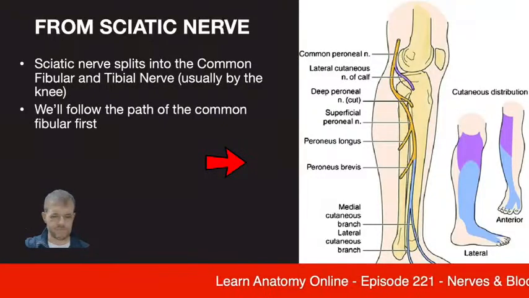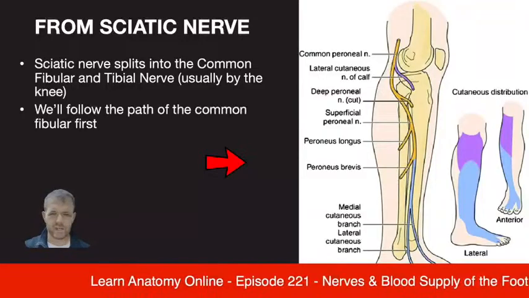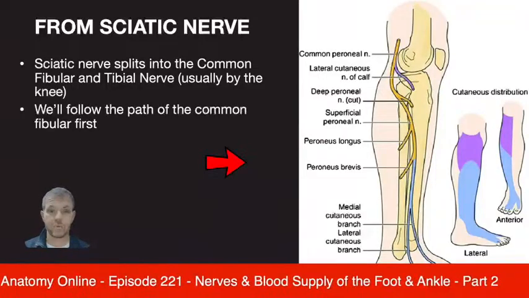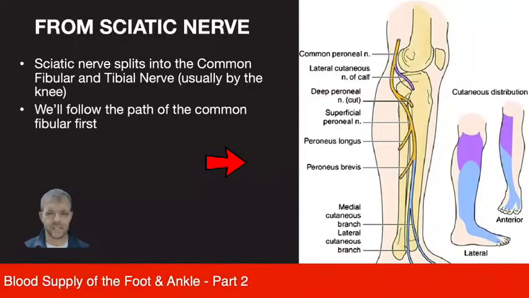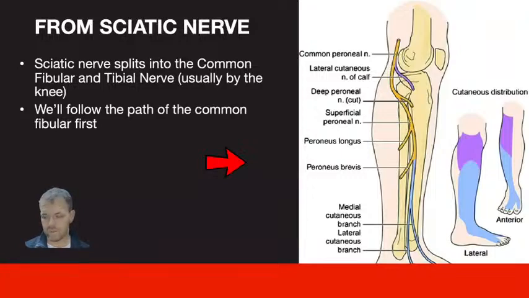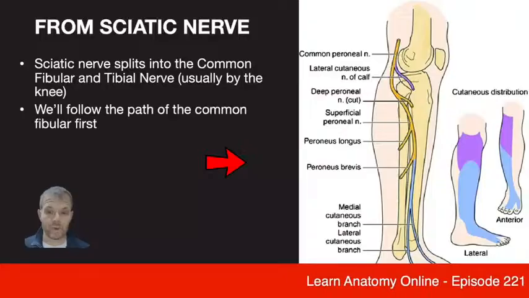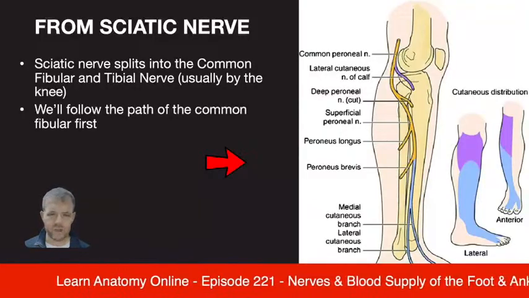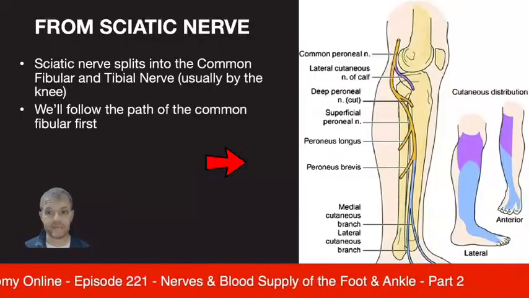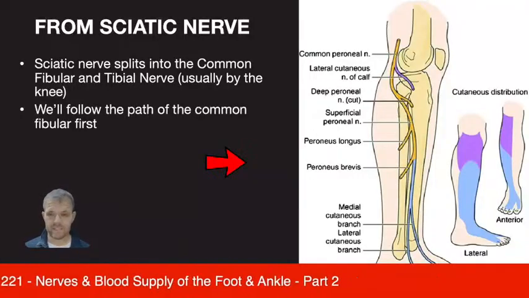So again, if you're learning anatomy for the first time and you've learnt this in year one, that's where the sciatic nerve is and that's where it splits, but there are a lot of anomalies within the body, and it stems from embryology. If you've heard this before from me, then apologies, but I think it's useful to know, and it explains a lot about why we have these differences.